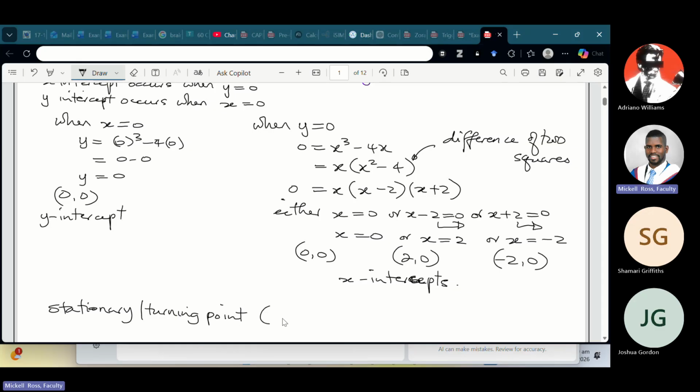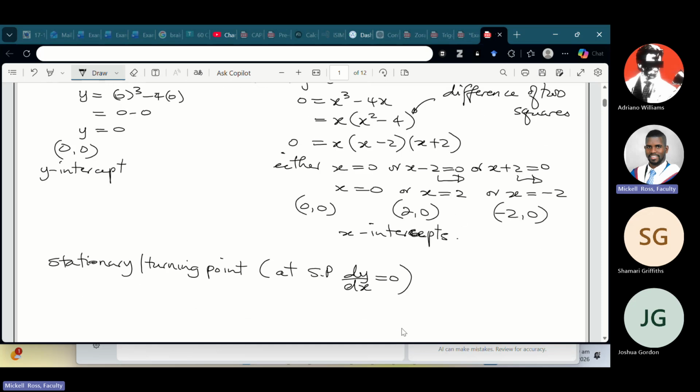So note carefully, at the stationary point, dy/dx is equal to 0, which means that the gradient is equal to 0. Remember, we have the equation y is equal to x cubed minus 4x. So when we take the first derivative, which is dy/dx, we're going to get 3x squared minus 4.